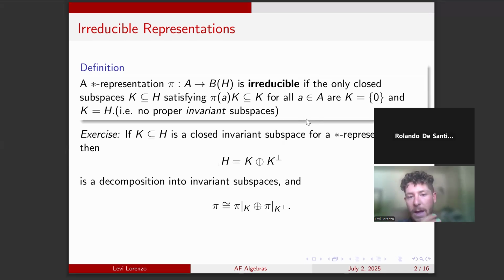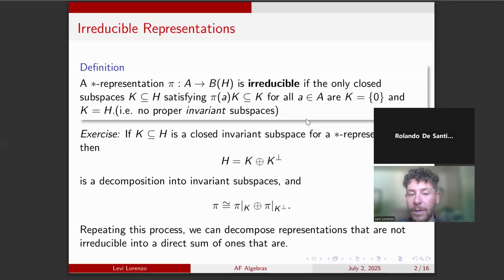Then you can keep repeating this process if you have proper invariant subspaces, to break down a representation that's not irreducible into a direct sum of irreducible representations. In general, we like working with irreducible representations. They're the building blocks of representations, the most fundamental ones in a sense.